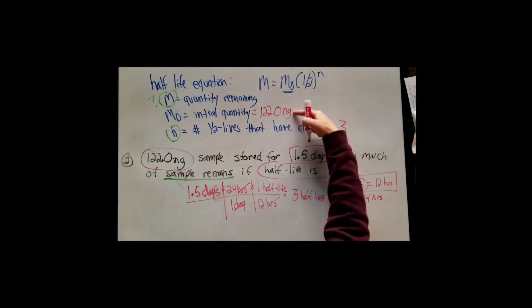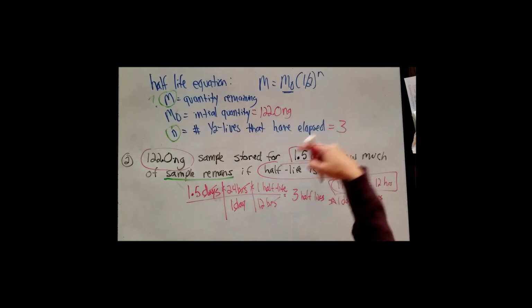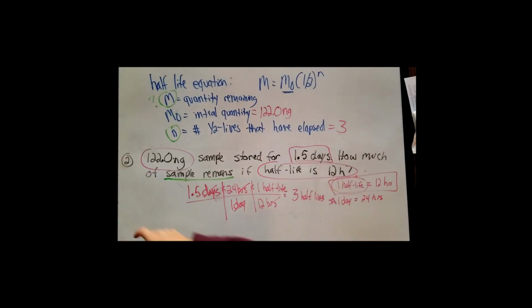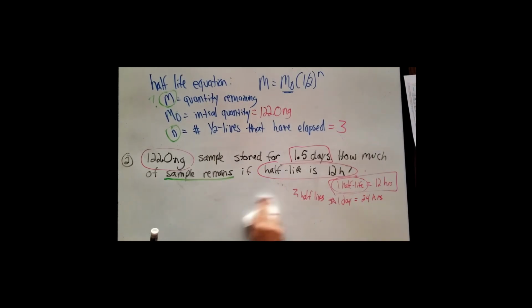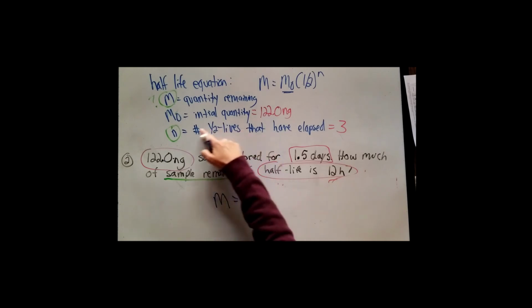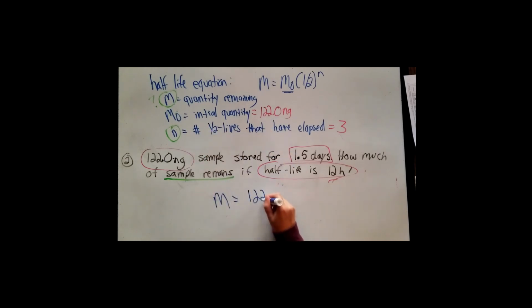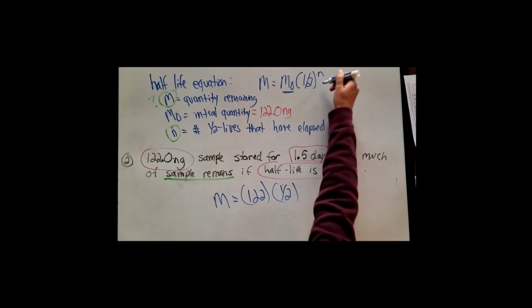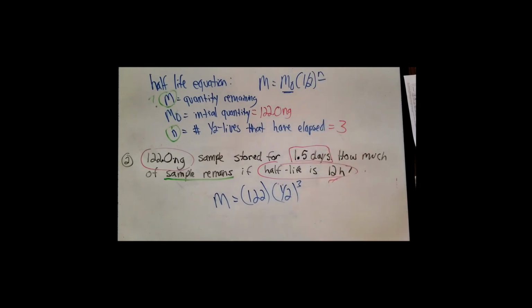So I have my M0, I have my n, now I can solve. Let's look at that quickly. Plugging it in, let me erase this to give us a little bit more room. Pause if needed. Now I'm using this equation here, so M is equal to M0, my initial quantity, which was 122, and then 1/2 raised to the nth power, raised to the third power.